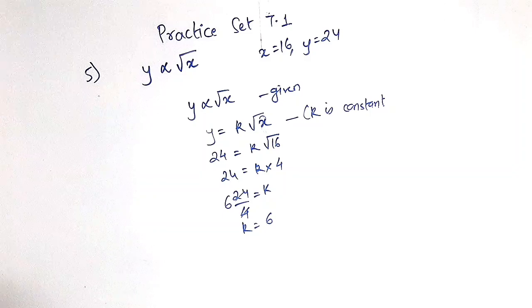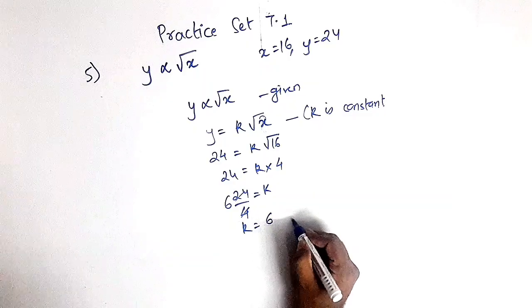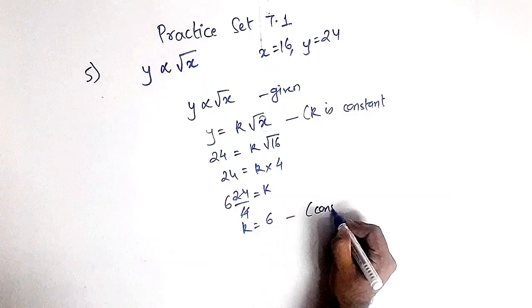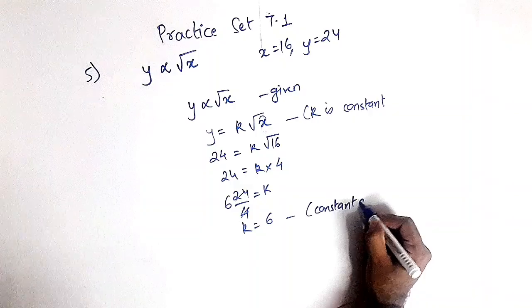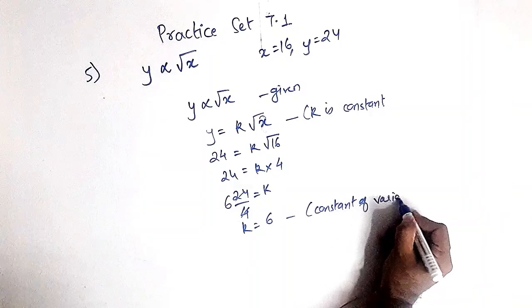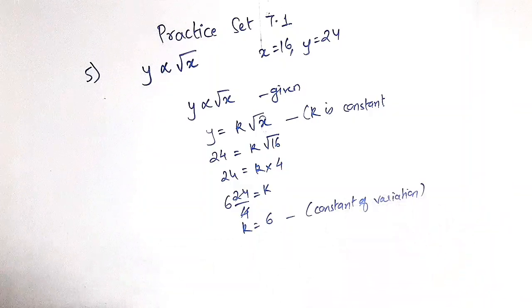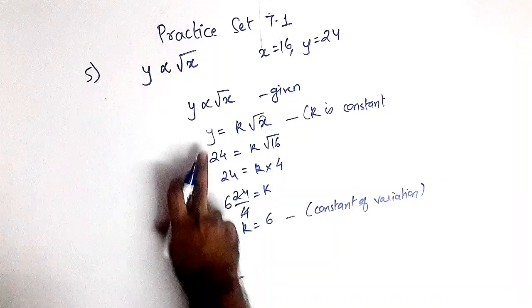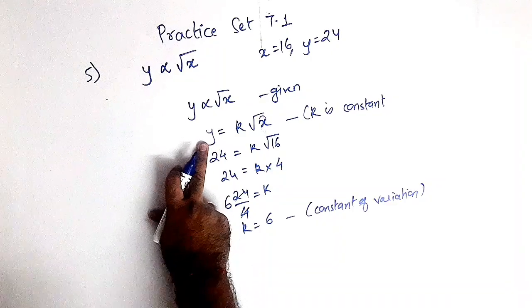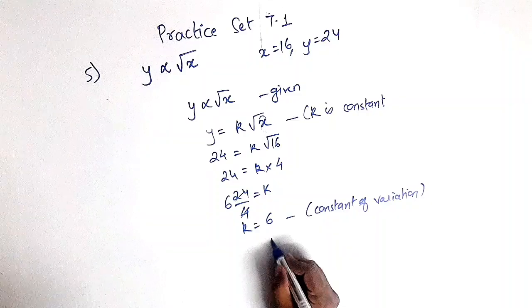Now because k is equal to 6, we write this as the constant of variation. They have asked two things: to write the constant of variation and to write the equation of variation. What is the equation of variation? This is the equation of variation, but we have to write the value.